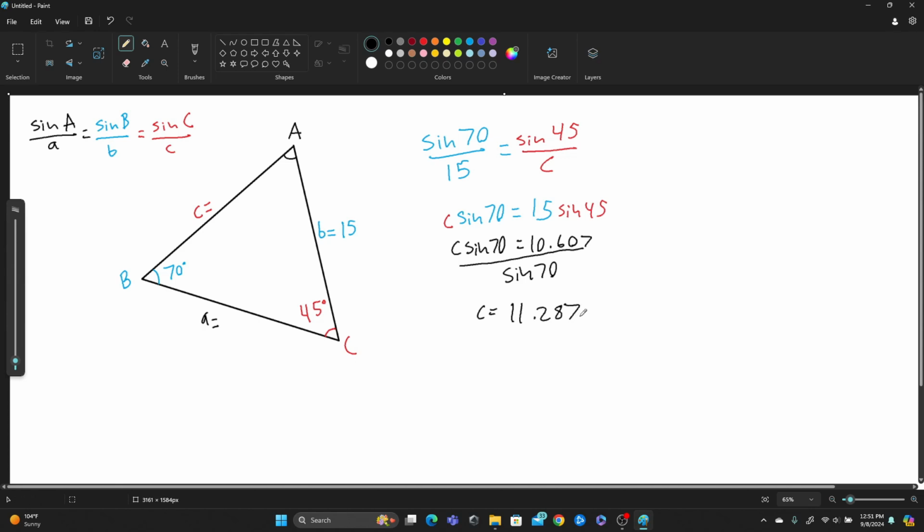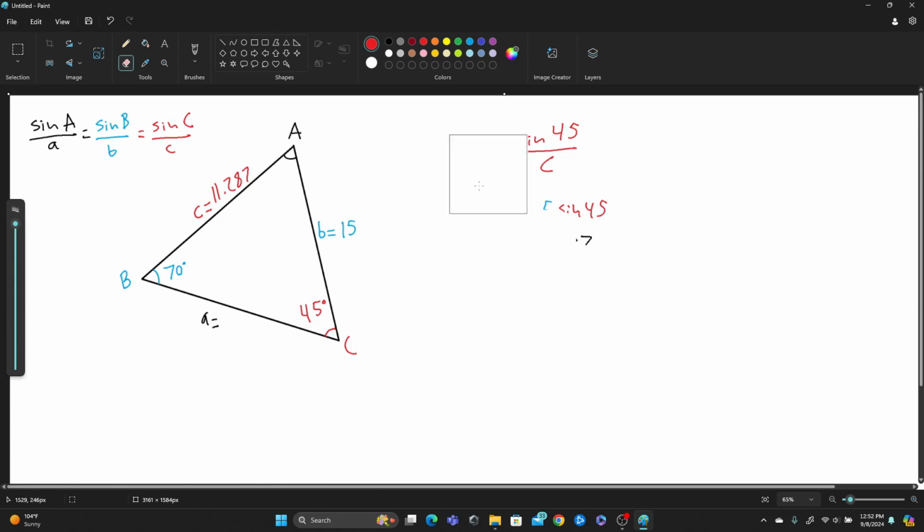And I think most teachers are going to want you, for the angles, to round to the tenths place, and for sides, to round to the thousandths. So now we have found side C is equal to 11.287.